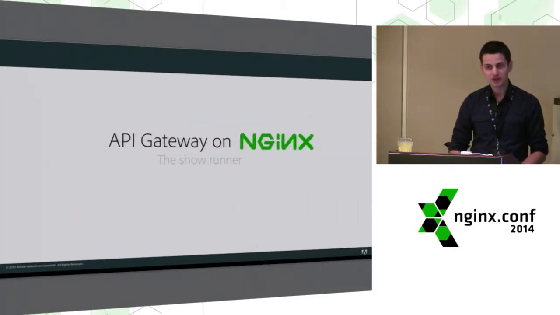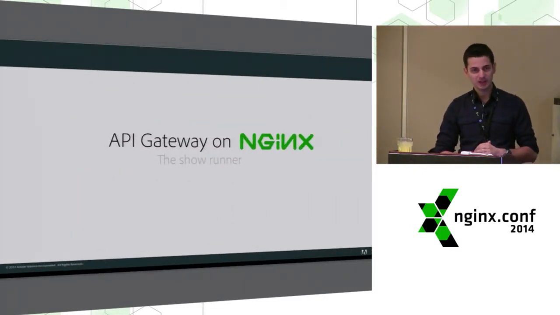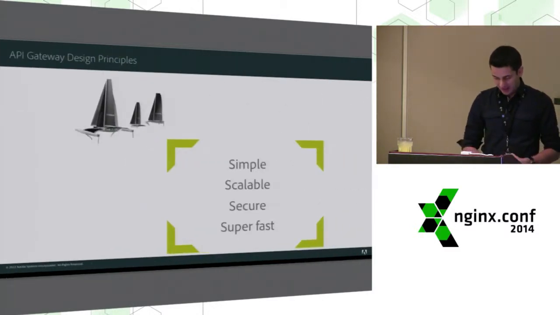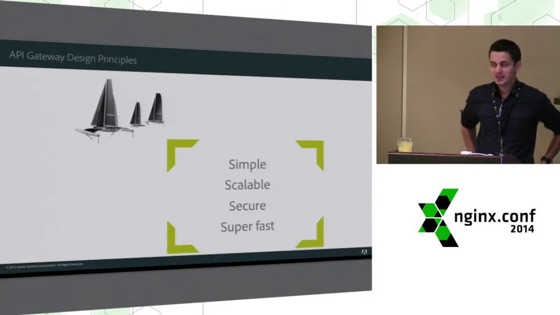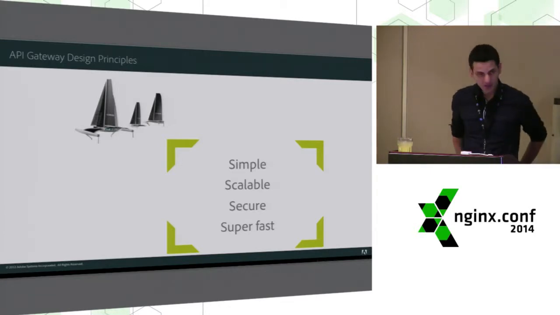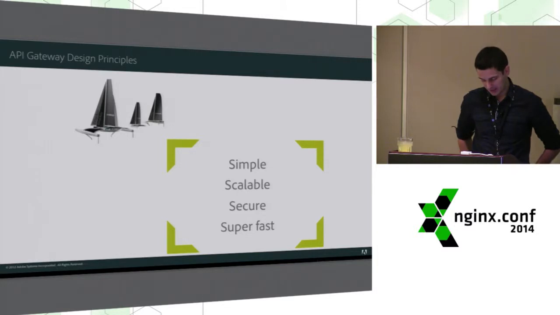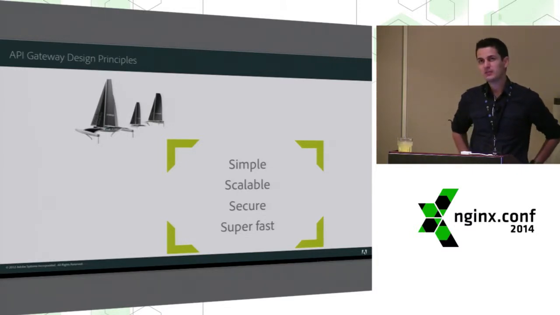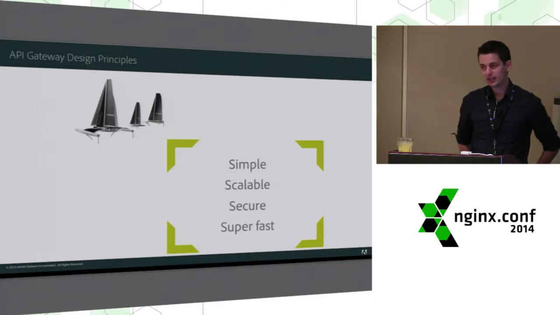So, of course, today I'm going to focus on the API gateway, which is the show runner. When we started this back in September last year, we just knew that we wanted a gateway that is simple to configure, simple to scale, secure, and super fast. So we looked at some web servers online, and we were already using a solution from a third party to do API management.